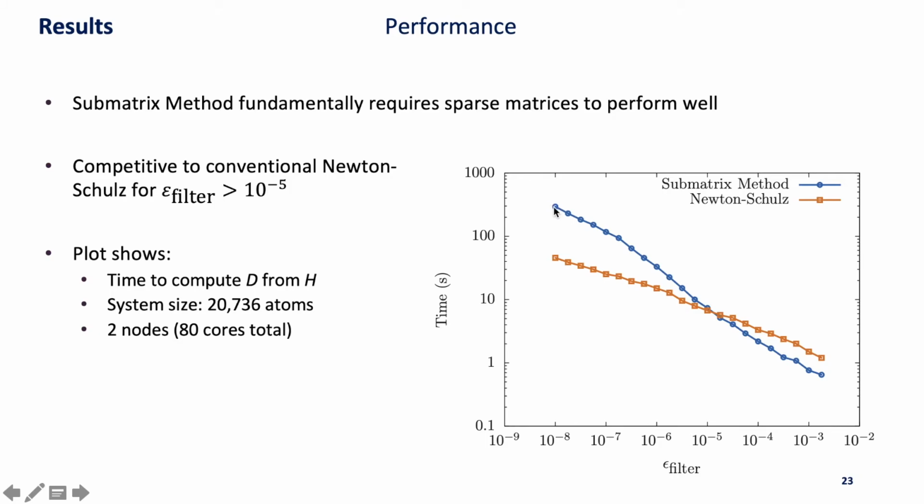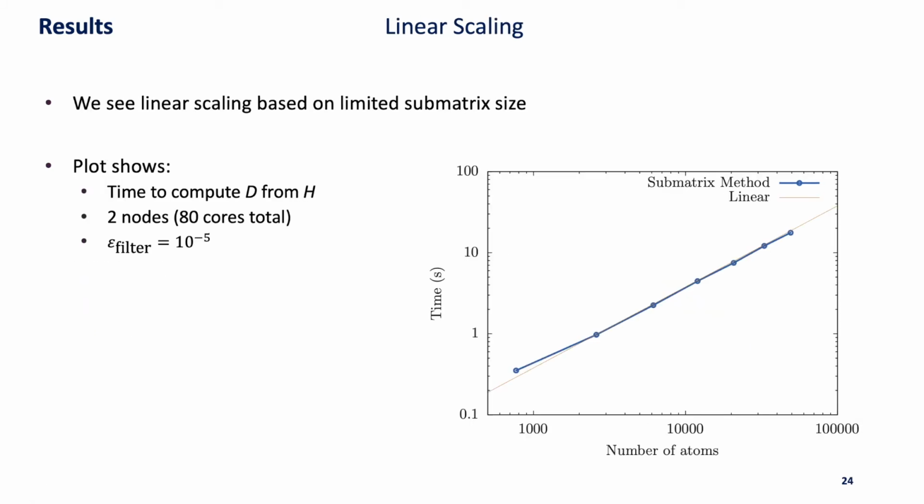But we see that this drops off, and round about 10 to the minus 5 as epsilon filter, there's a crossover point where the submatrix method starts to perform really well and also better than the original Newton-Schultz approach. We also confirmed the linear scaling behavior, so scaling the number of atoms here on computation on 2 nodes, and we see that the compute time rises strictly linear.